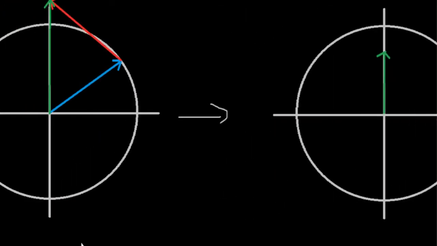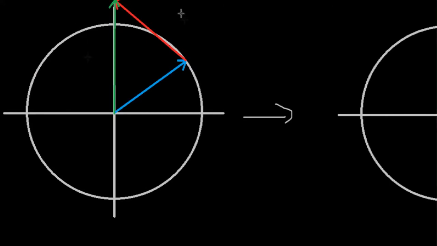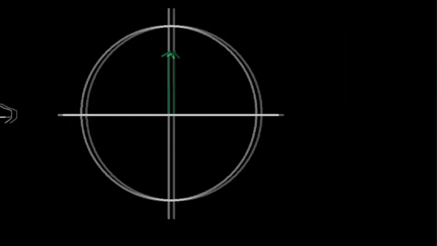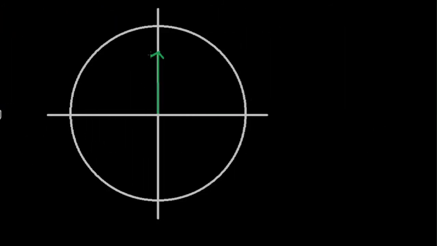Right? It'll be somewhere around there because we scaled it down by a factor of 1/2. Or we scaled it down by a factor of 2. And now we have this, which is sitting at the sine coordinate.